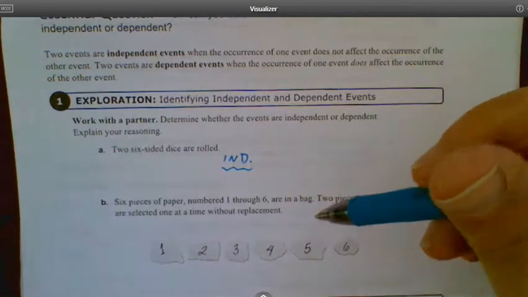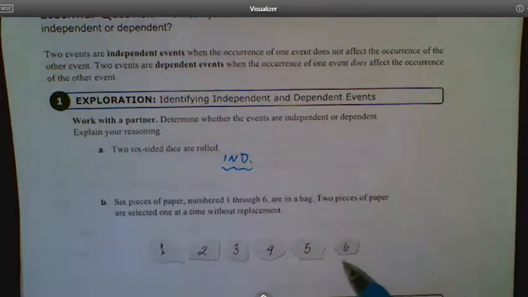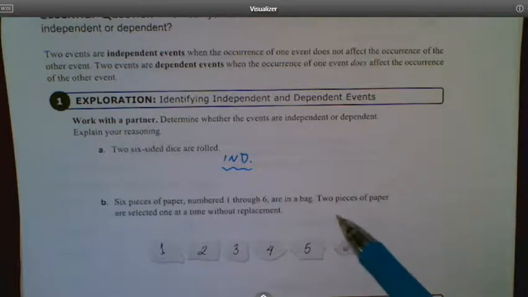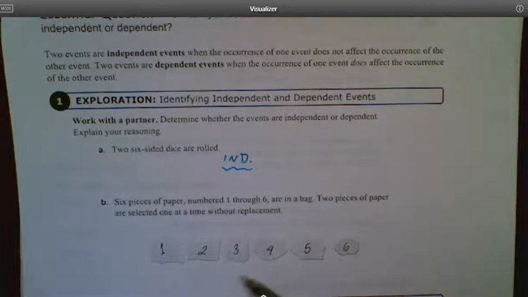However, take a look at this one. We got 6 pieces of paper, numbered 1 through 6. They're sitting in a bag. We're going to reach in and draw out a piece of paper, and then I'm going to reach in and draw out another piece of paper. So when I reach in to draw out a piece of paper, there are 6 pieces of paper in there.